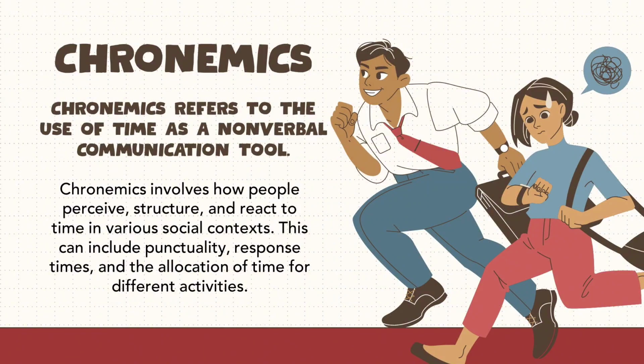Different cultures and individuals may have varying perceptions and attitudes towards time, leading to differences in communication styles. Therefore, the way we use time depends in some ways on our status. Promptness and the amount of time that is socially acceptable for lateness and waiting are examples of chronemics.